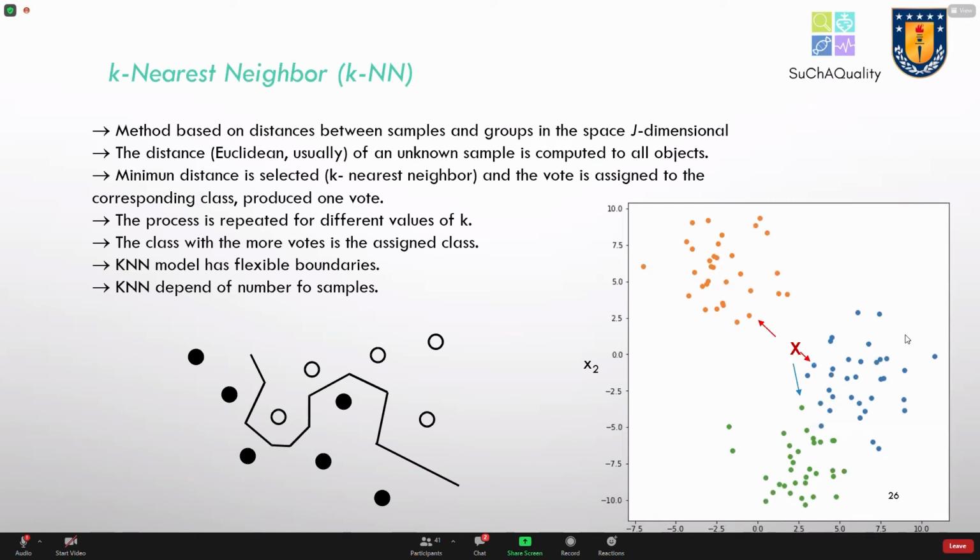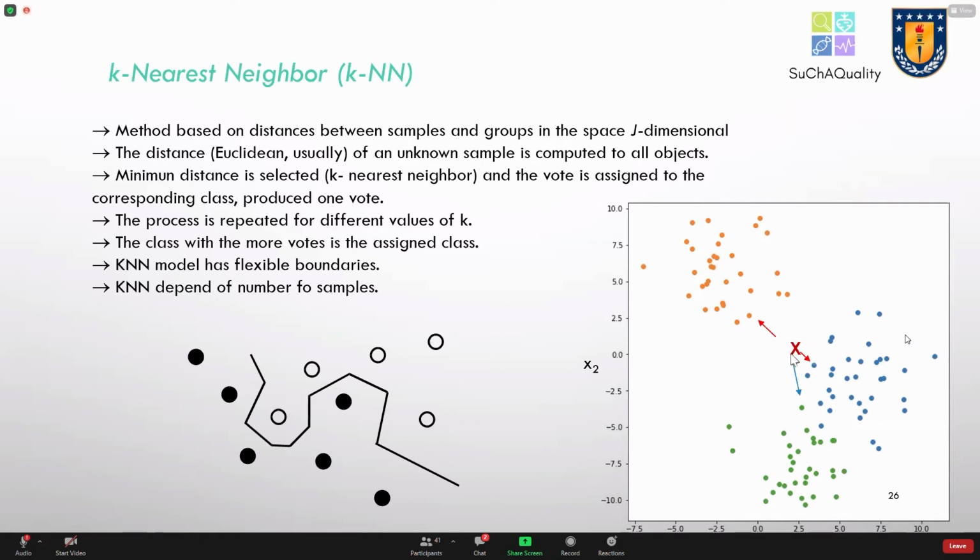This is the definition of the K nearest neighbor method. It's a method based on distances between samples and groups in the J-dimensional space. And a brief explanation of this method, for example, can be applied to the class assignment of this X sample.